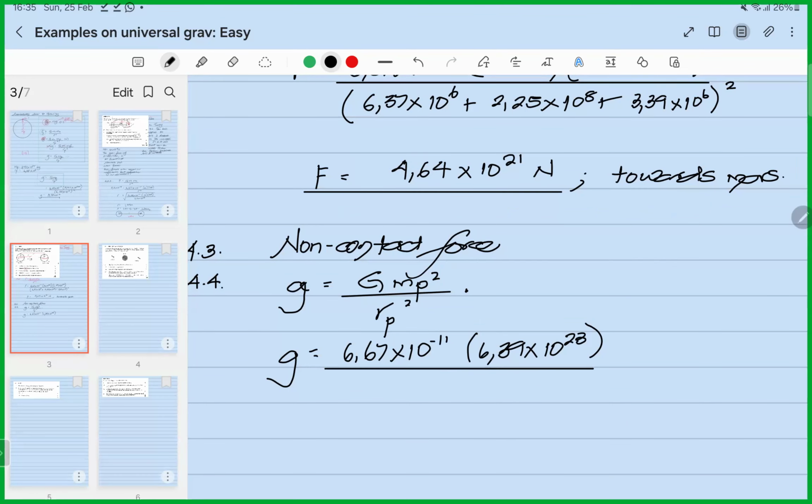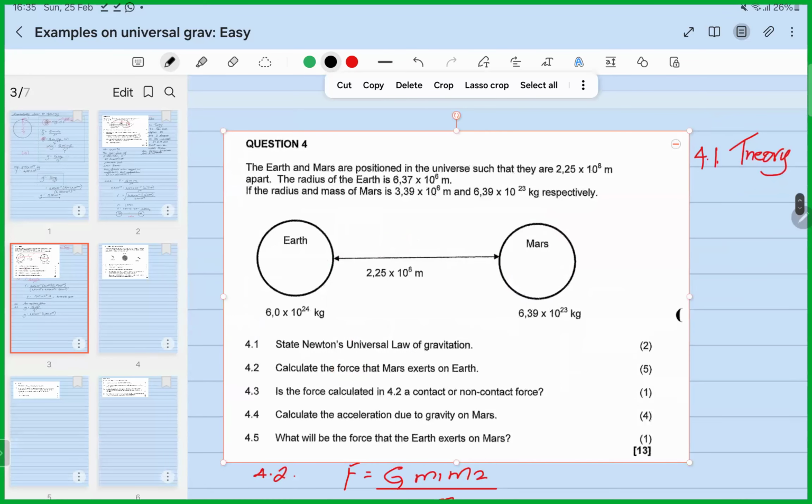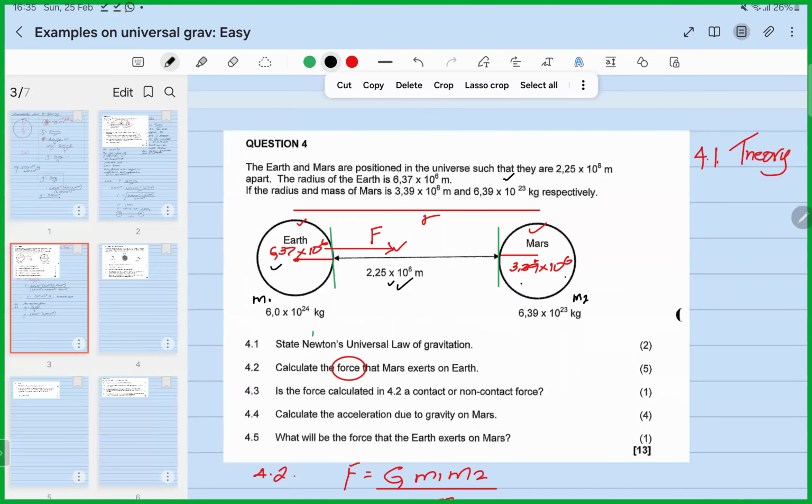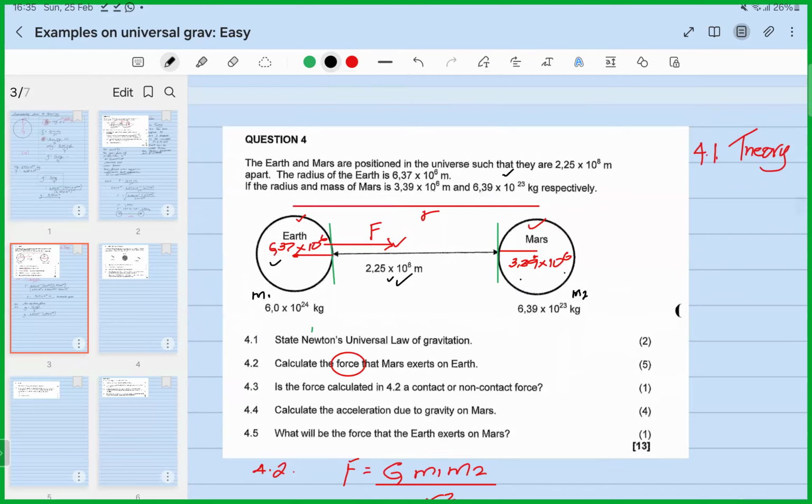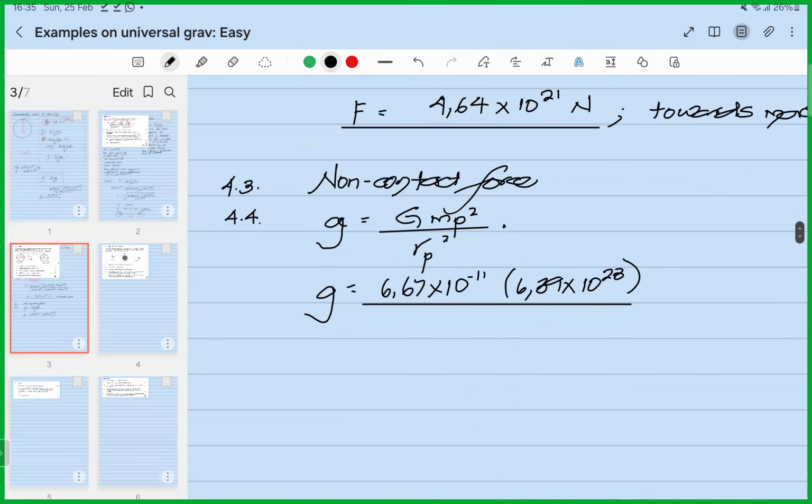And the radius of Mars was 3.39 times 10 to the 6. And we're going to square this.